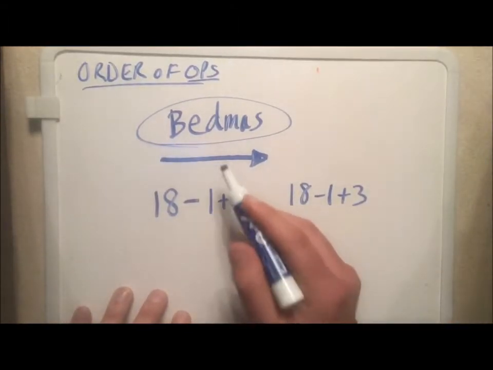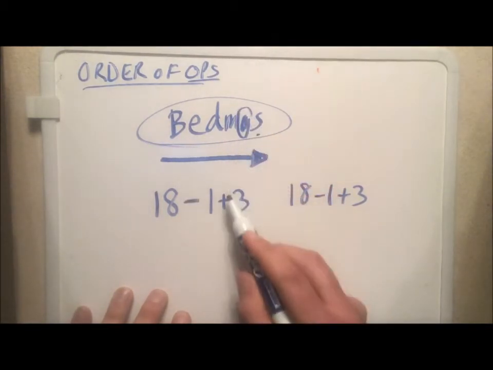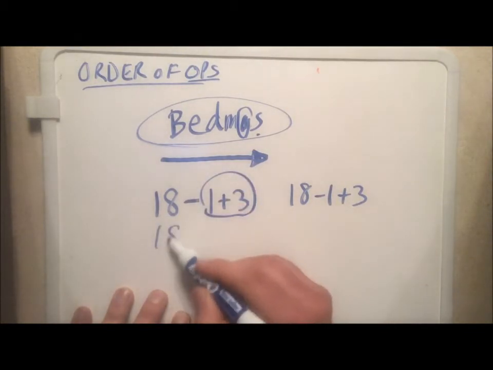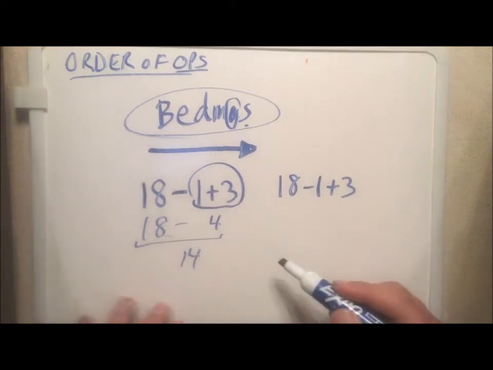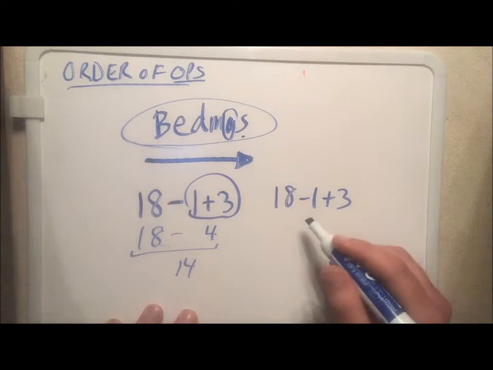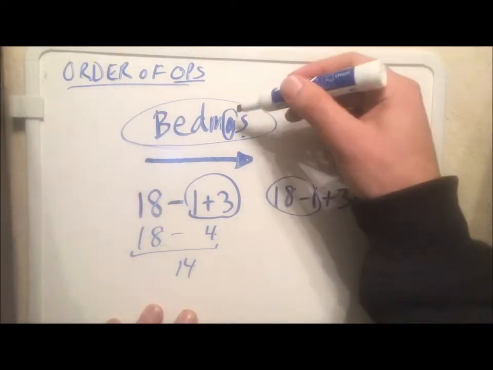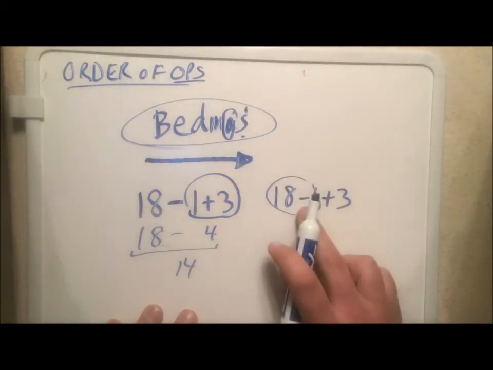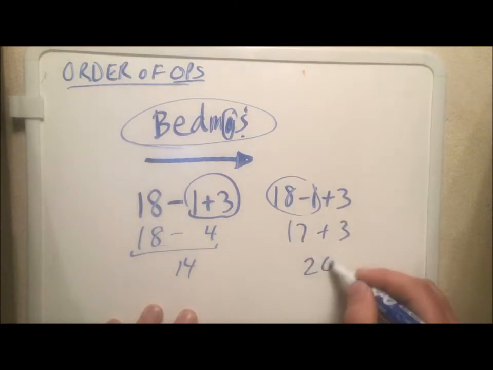For example, people will say the A comes before the S, so you should do the addition first, and if you do that, you'll get 18 minus 4, which makes 14. But the real way, and I'll explain this in a bit, is actually to do this one first. Even though the addition comes before the subtraction, we actually have to do the subtraction first, which gives us 17 plus 3, which makes 20.